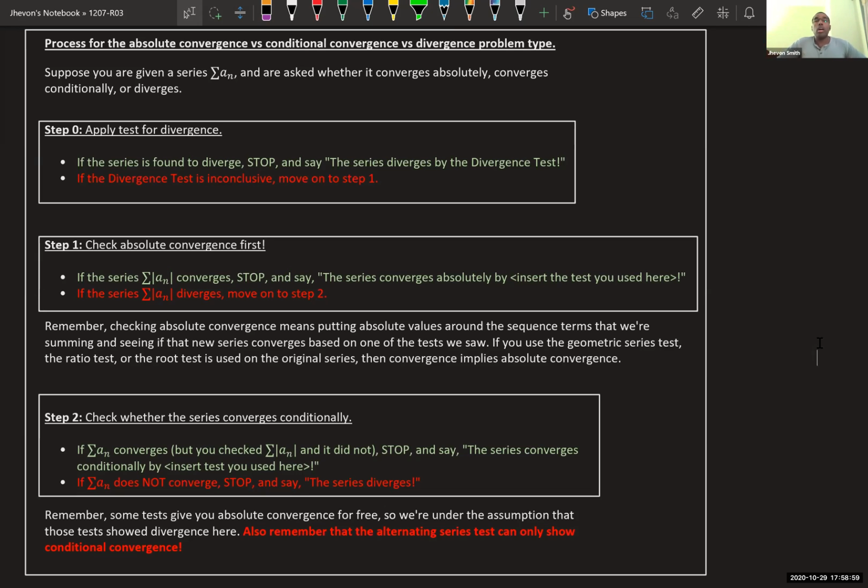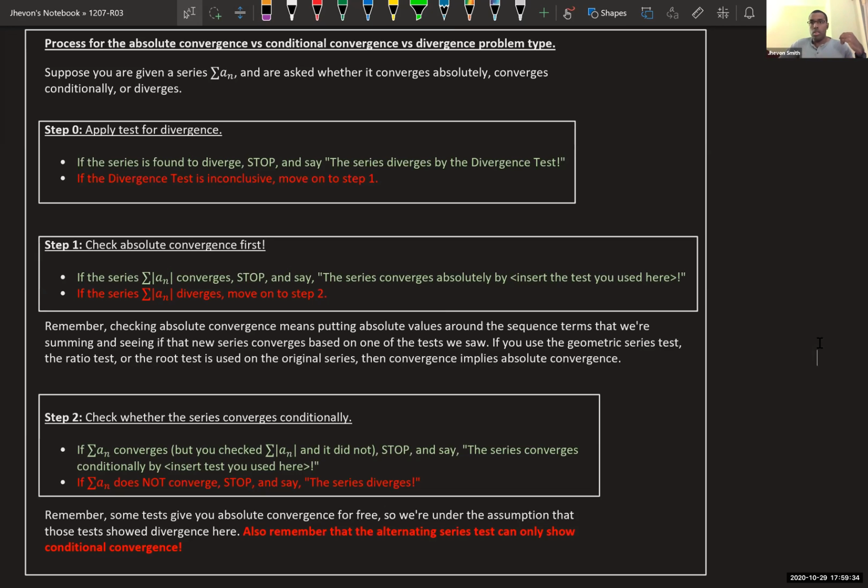Another thing is, if something converges absolutely, it will automatically converge conditionally, however, not the other way around, which means if you check conditional convergence first, then you would also have to check absolute convergence because it might also converge absolutely, but checking for conditional convergence is not going to tell you that. However, if you check absolute convergence and you find that it does converge absolutely, it means that it automatically converges conditionally. You don't even have to check it. So you're again in a position where you have to do the least amount of work.